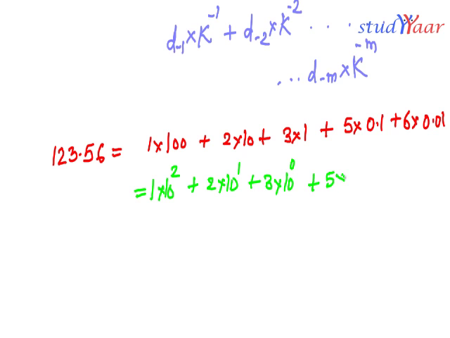Plus 5 into 10 raised to minus 1 plus 6 into 10 raised to minus 2. Okay? So, if I express this using index, this is the first index, second index, third index, then the minus 1 and minus 2.